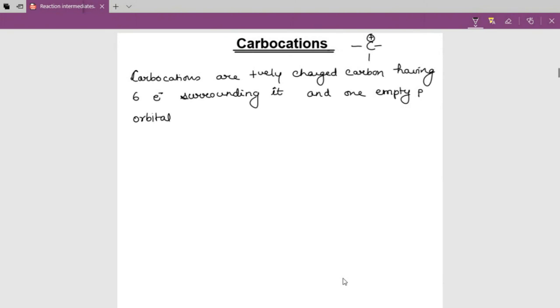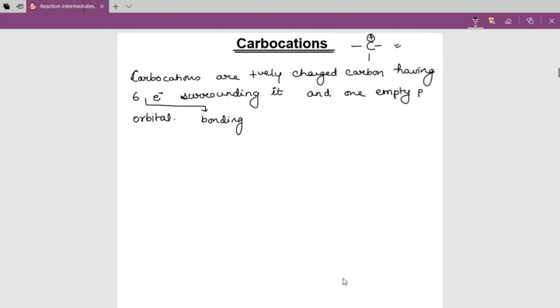This 6 electron surrounding, I would like to add, is 6 bonding electrons surrounding it, and one empty p orbital. The general representation we have already drawn.